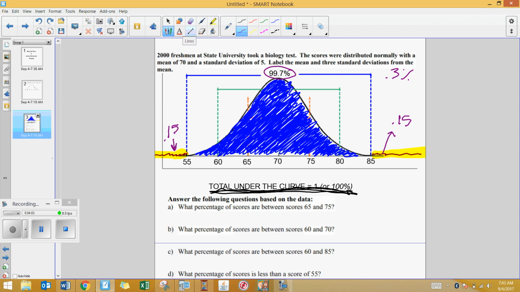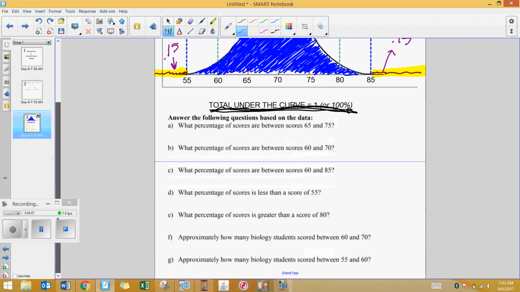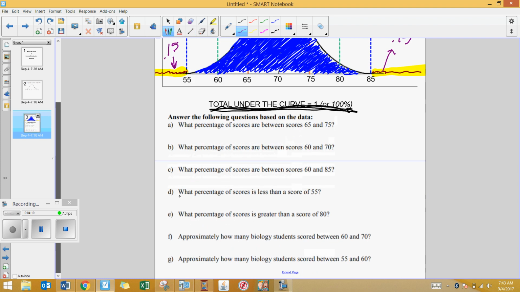We actually just answered question D of your worksheet. So if we scroll down to question D, it says what percentage of scores is less than 55?